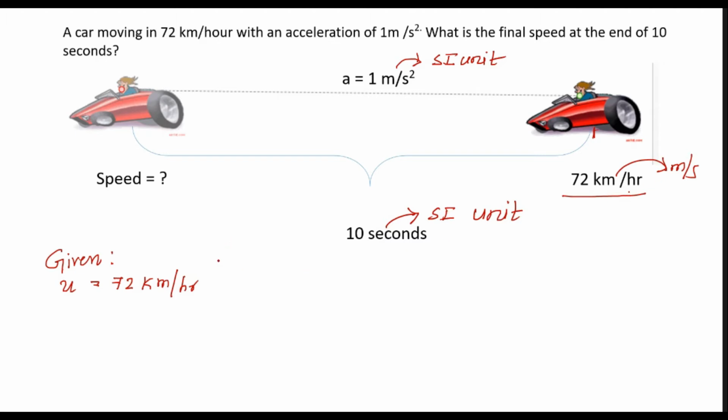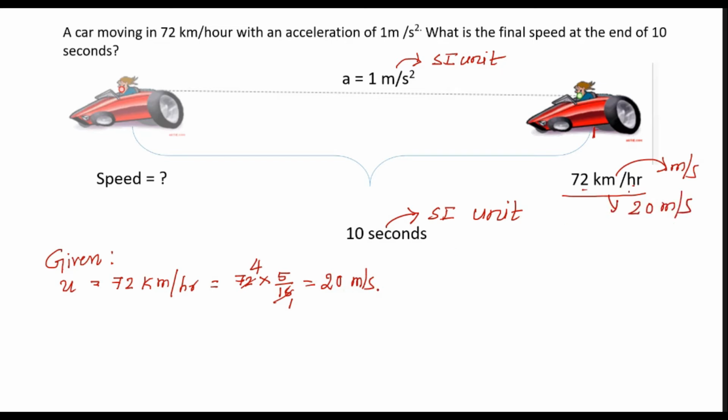Now how will you convert this? Please recall the previous videos. I have already told you, 72 kilometer we have to convert into meters and hour into second. So in short, you can simply multiply by 5 by 18. So 18 fours are 72, and that is equal to 20 meter per second. So we have converted 72 kilometer per hour into 20 meter per second.